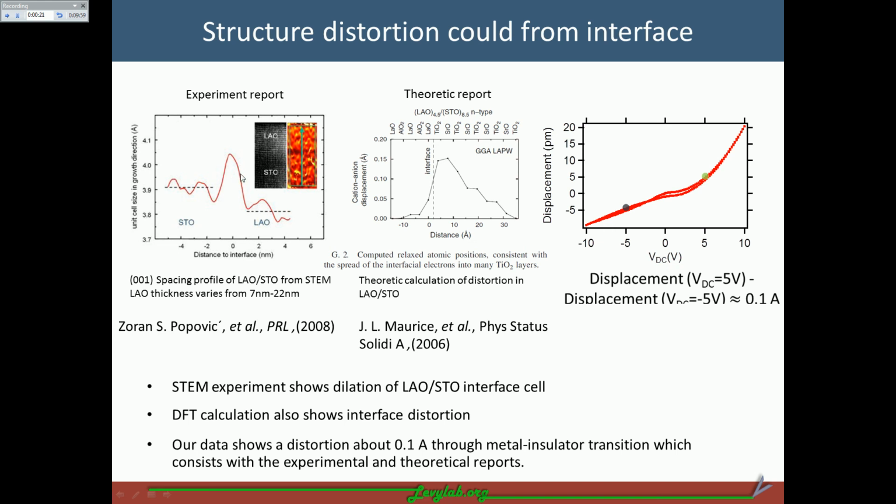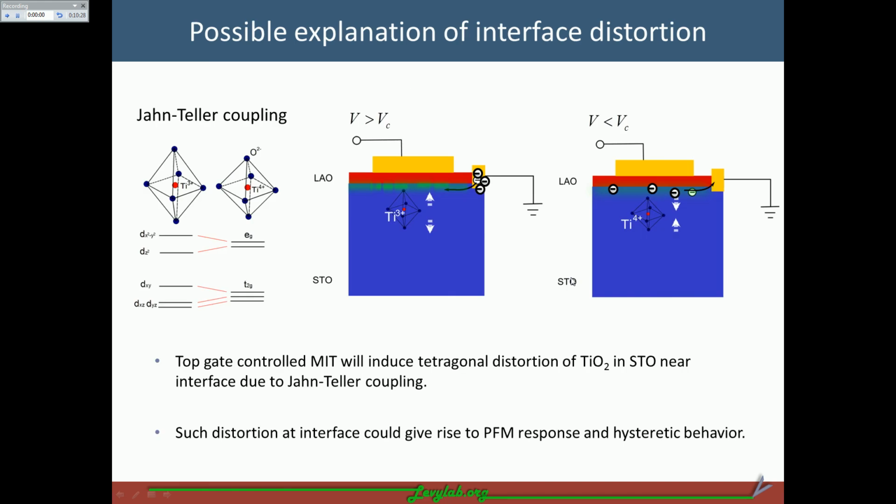Also, density functional theory calculation shows that at the in-phase there will be a structural elongation. Our measurement happens to show a similar distortion value to these previous reports. Thus, we propose such structural distortion could come from the in-phase.